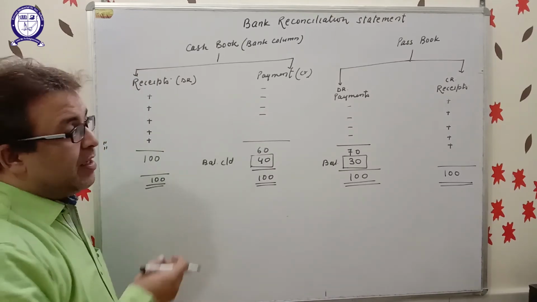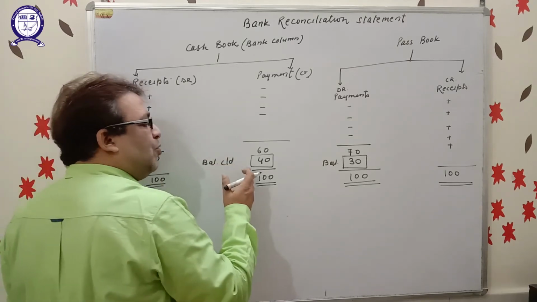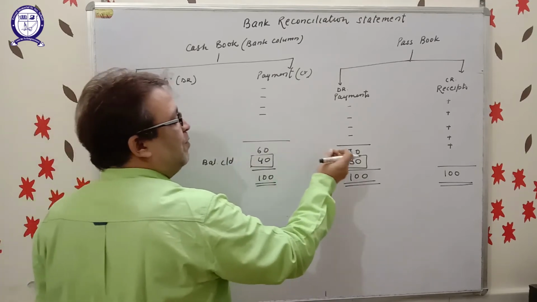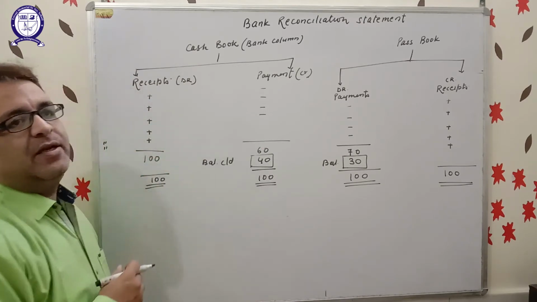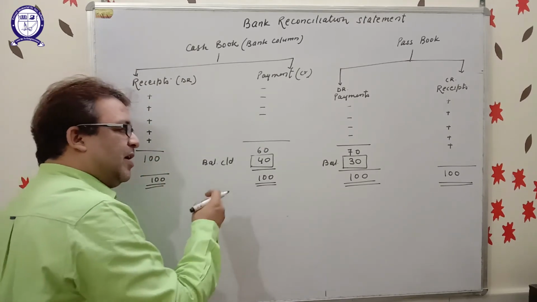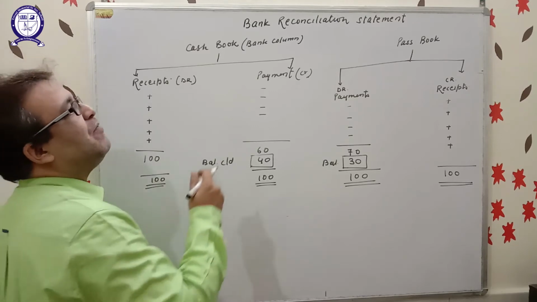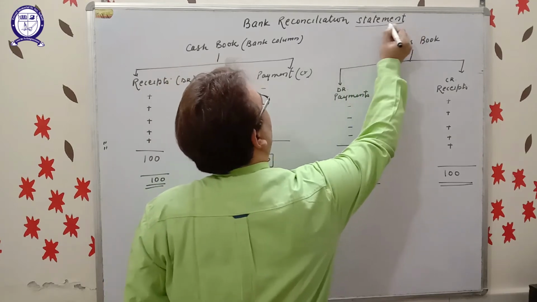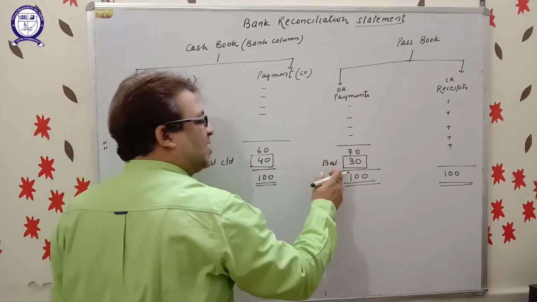So first of all, we have to learn why the cash book balance is different from the passbook balance. We have to find the differences and the reasons for the differences. Then we have to prepare, at the end of the month, a statement which will reconcile the cash book balance with the passbook balance.